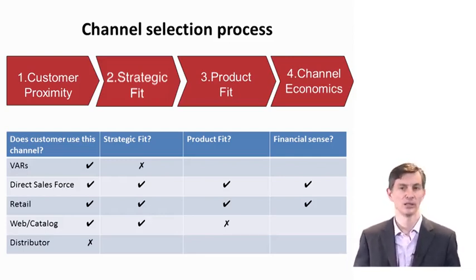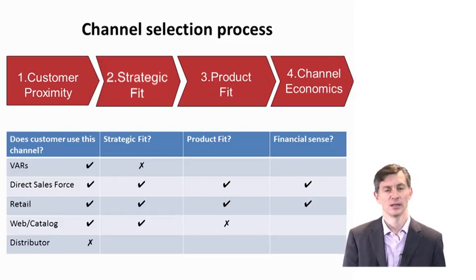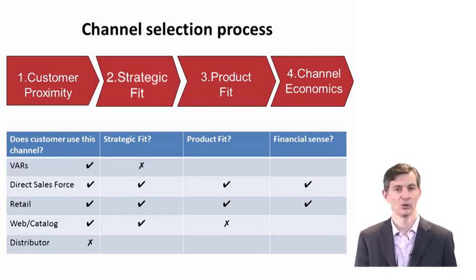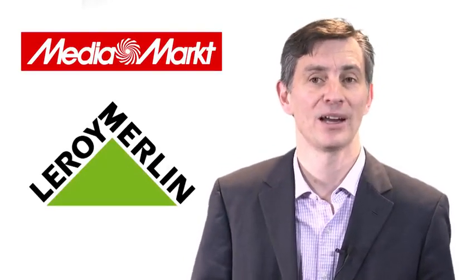Retail, there are many different ways that we can encounter this at retail outlets, all the way from shops specialized in selling particular brands of motorcycles. But if we really stretch our minds, we can even think of potentially a MediaMarkt or a Leroy Merlin or even a Best Buy selling electric motorcycles.